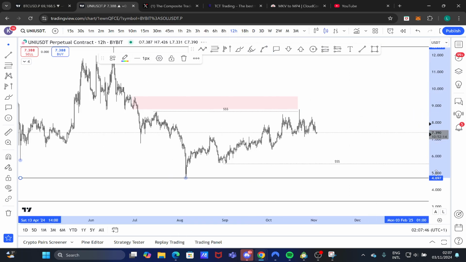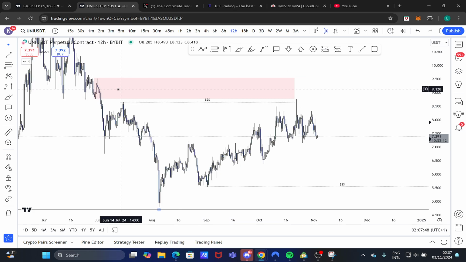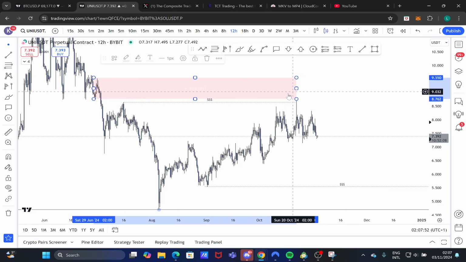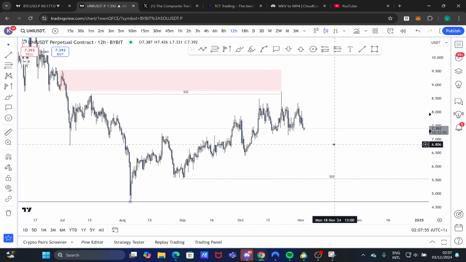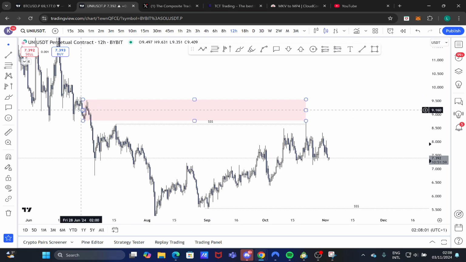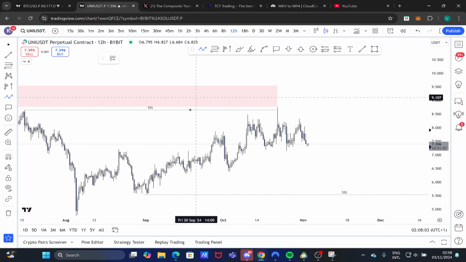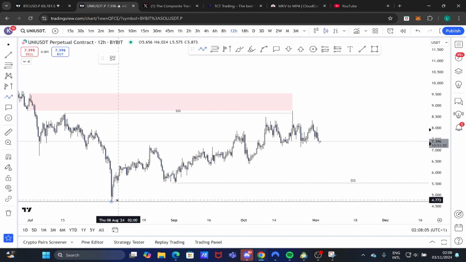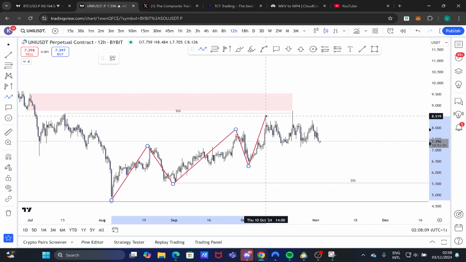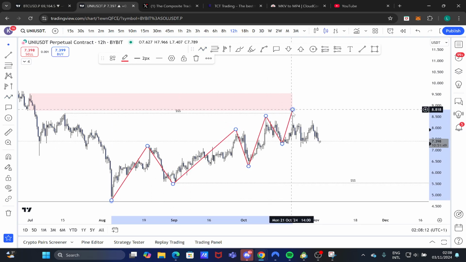If we identify how structure and how price behaved coming into that supply POI right here on the left, we can see that we swept all buy side liquidity, mitigated very good looking supply right above, and then following our structure from low to high, we have higher lows and higher highs, just like this, coming into that POI.